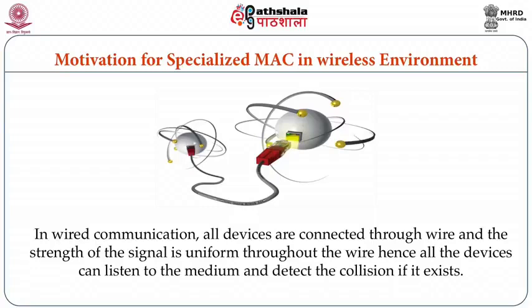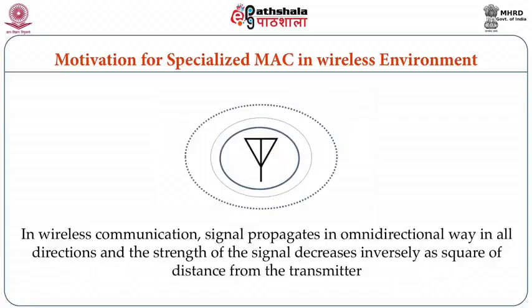But this method of sensing and collision detection might not work in wireless or mobile networks, because in wireless networks, the signal propagates in an omnidirectional way in all directions, and the strength of the signal decreases inversely as the square of the distance from the transmitter.